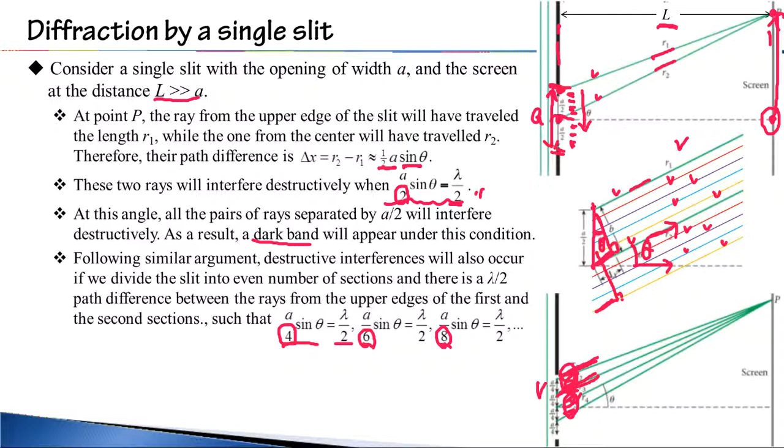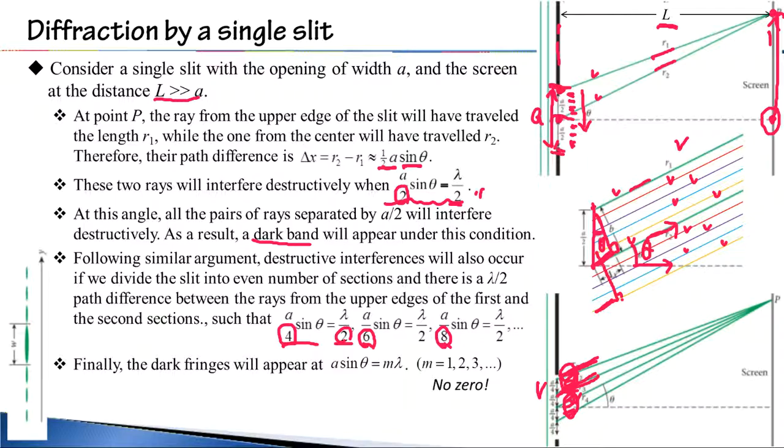So if you multiply the equation by these numbers, you can find that for these even numbers, the factor 2 drops out because of these 2. Okay, and then finally you can summarize that this condition can be written using a single equation like this: A multiplied by sine theta is equal to M multiplied by lambda, and this M is just an integer like this.